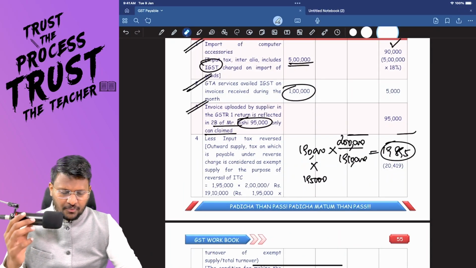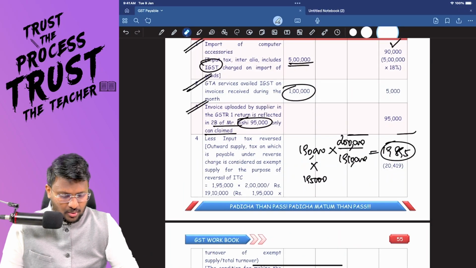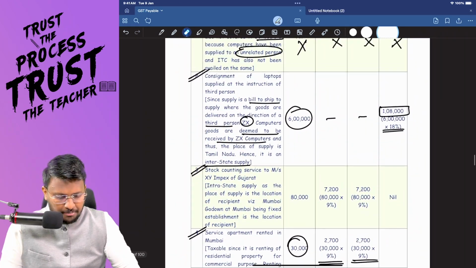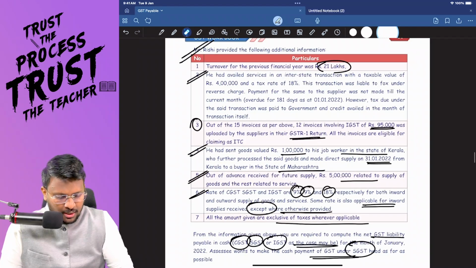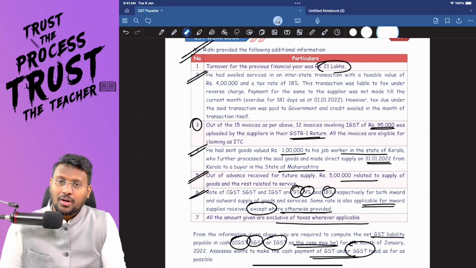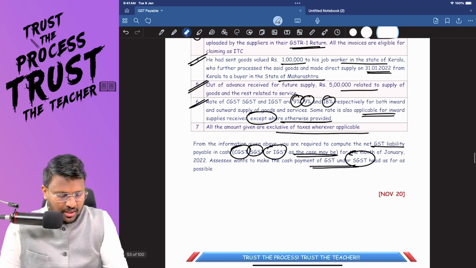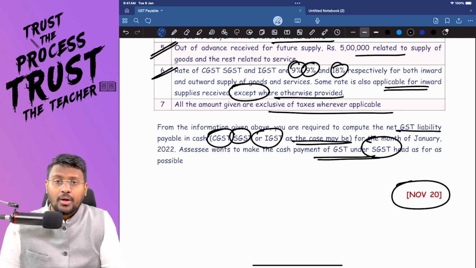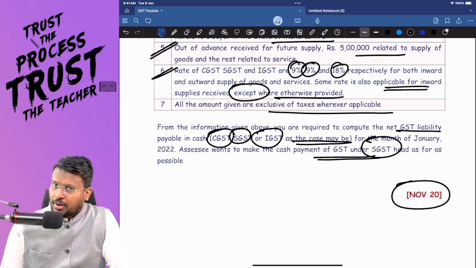So actually, they have taken it as 1,95,000. That 5,000 extra is maybe because all the invoices are eligible for claiming as ITC. And this is a November 20 question. In that November 20, even though it has not been reflected in GSTR 2B, you are entitled to take it as ITC.